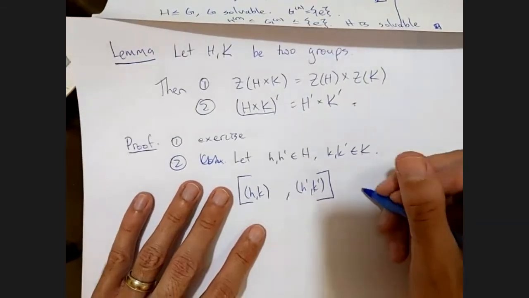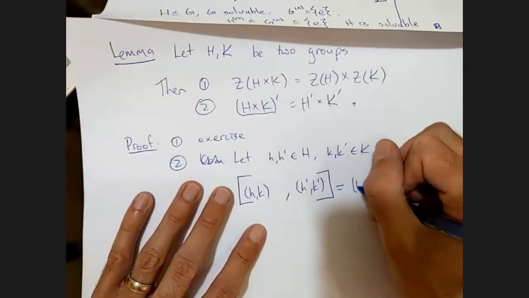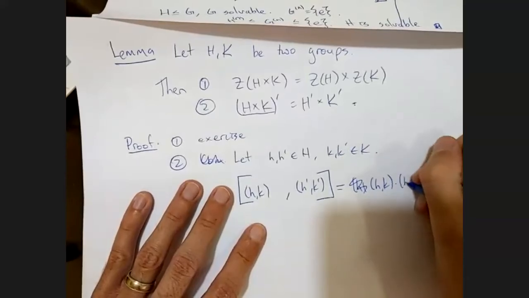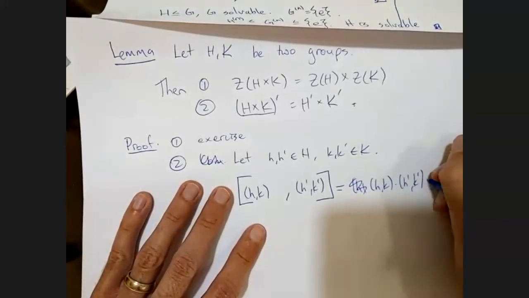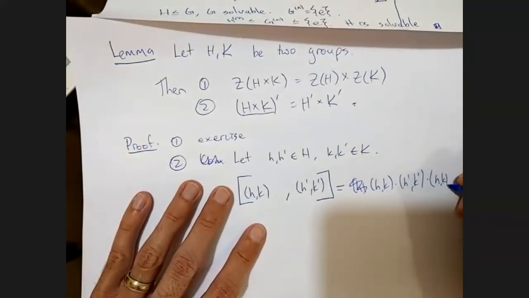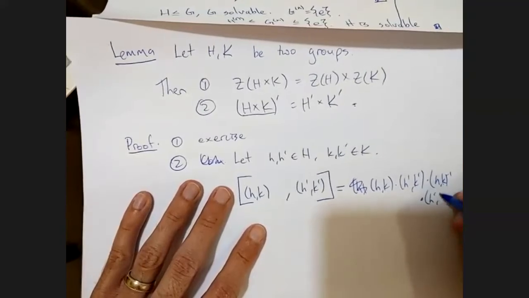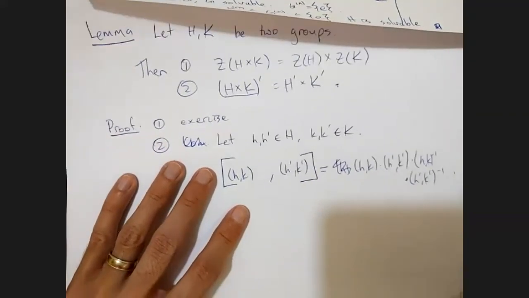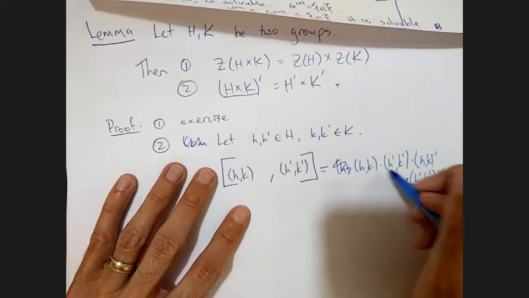The definition of the commutator is just we do (h, k) times (h', k') times (h, k) inverse times (h', k') inverse. Now, because we're in a direct product, how do we multiply things?